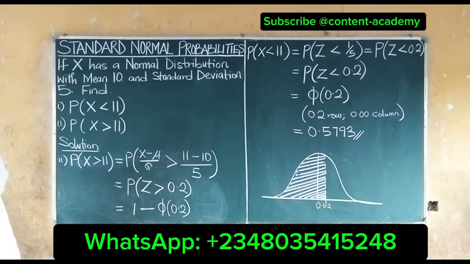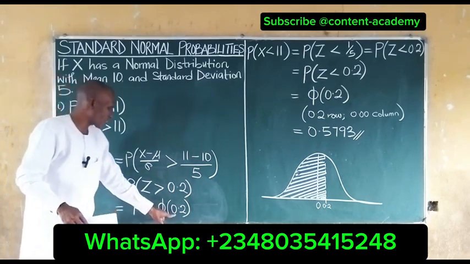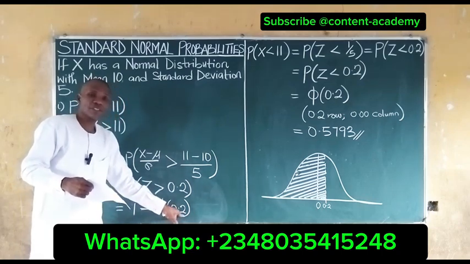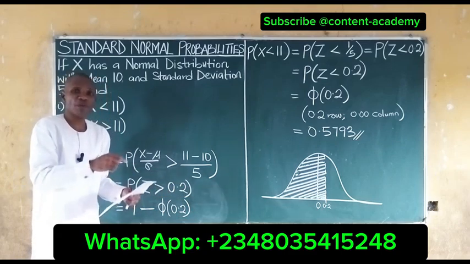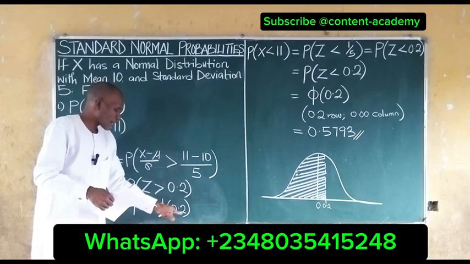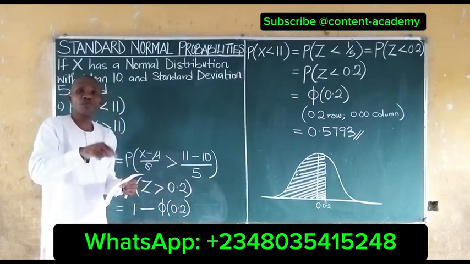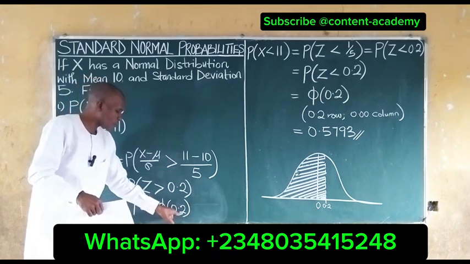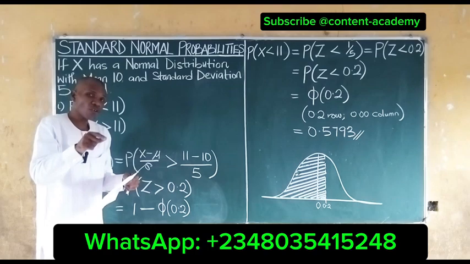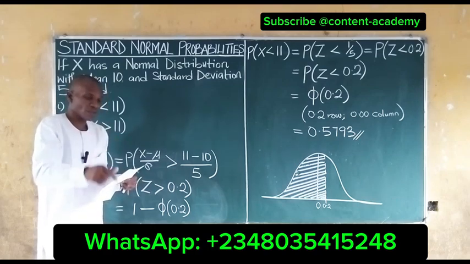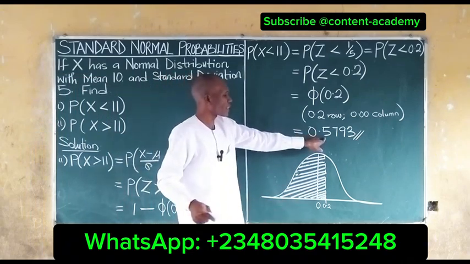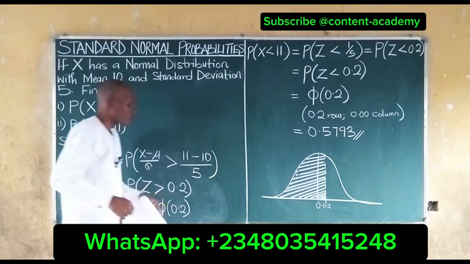Of course, we have done that before. We find 0.2 for the row and 0.00 for the column. That is what we got here.